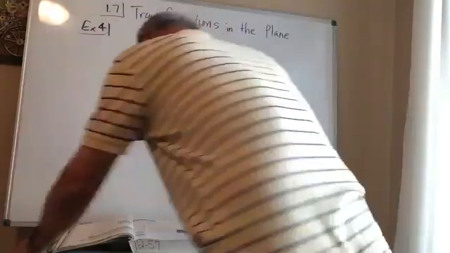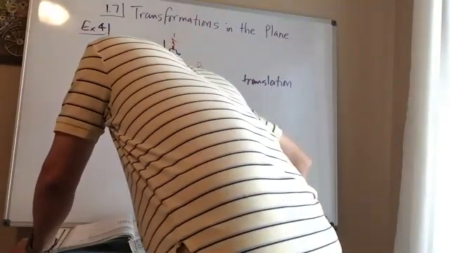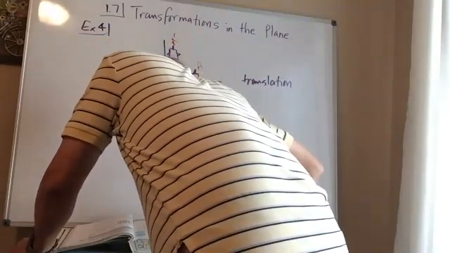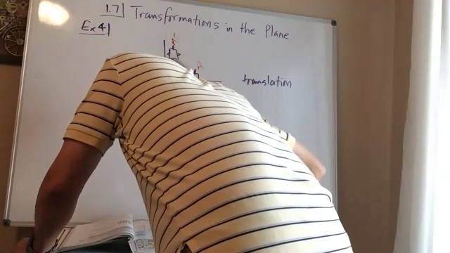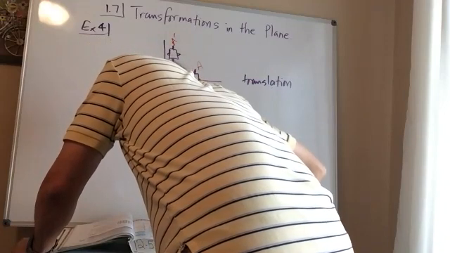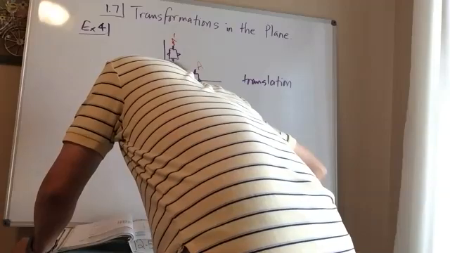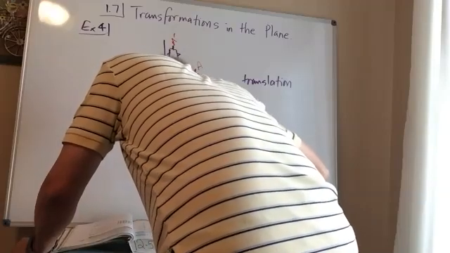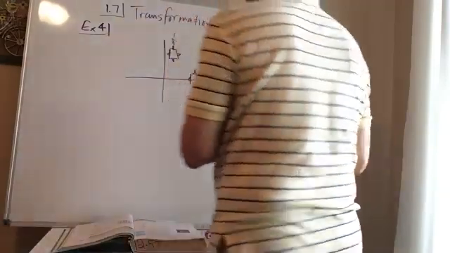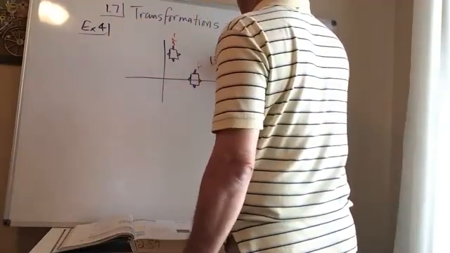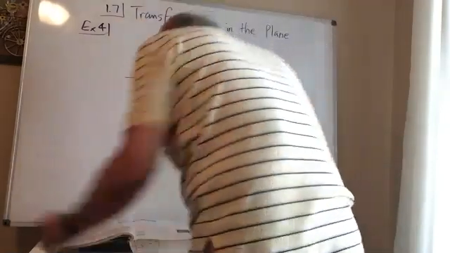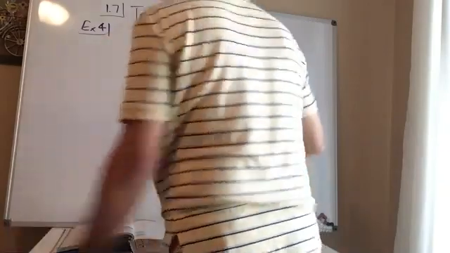The question is, how many of each did I go? A looks like it's going to be (3, 1) over here. A prime looks like it's going to be (1, 3).